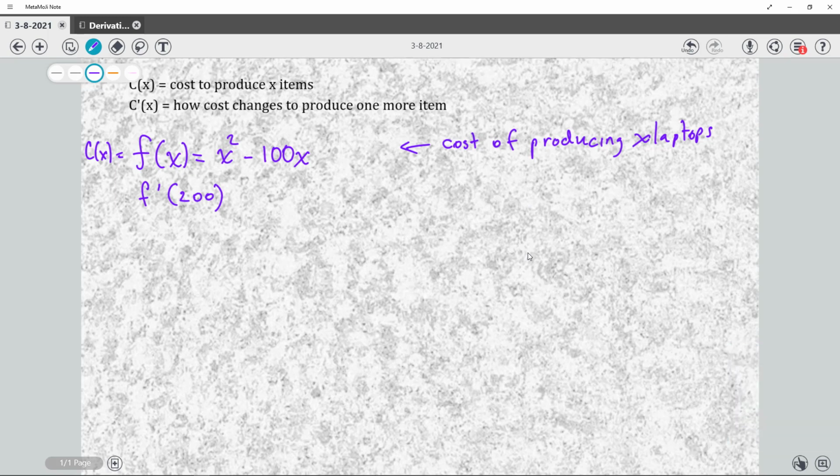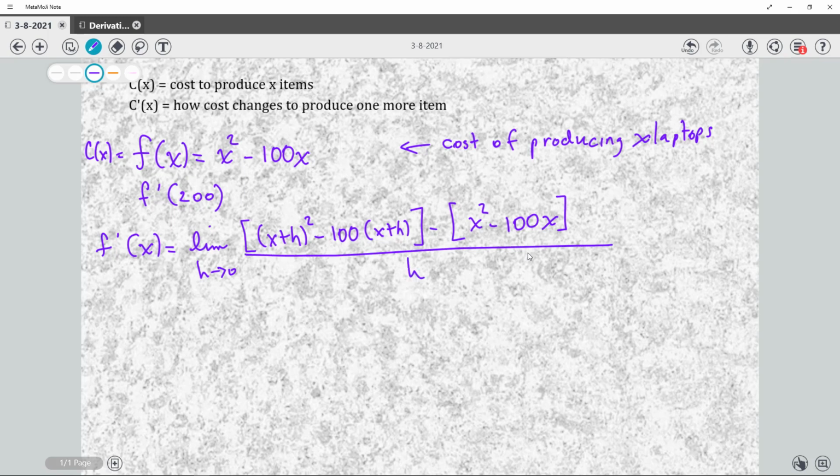So as soon as I see f prime, I'm thinking, oh, I bet I'm going to have to find a derivative, which is the limit as h goes to 0 of, where I see x, I'm going to put x plus h, and where I see x, I'm going to put x, all of this over h.